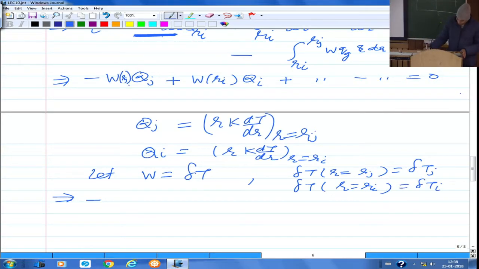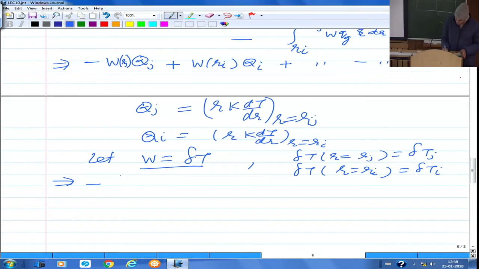So I can write then, once I take W equal to delta T, the first term as minus delta Tj Qj plus delta Ti Qi. Is this okay? It's just the notation.